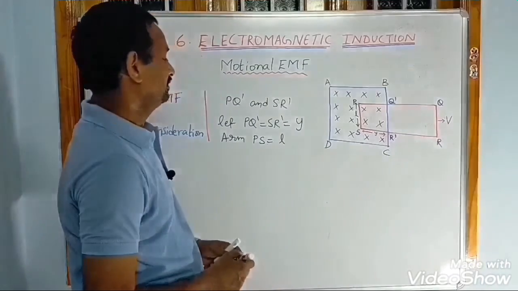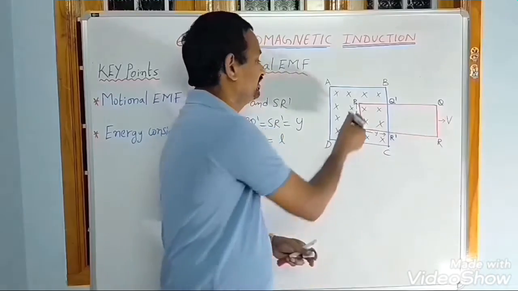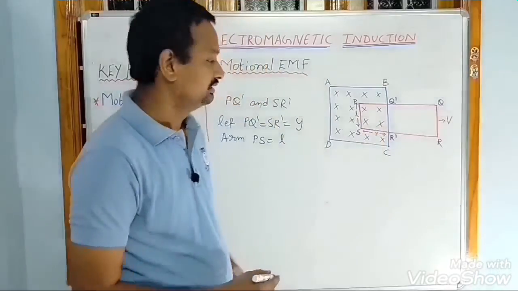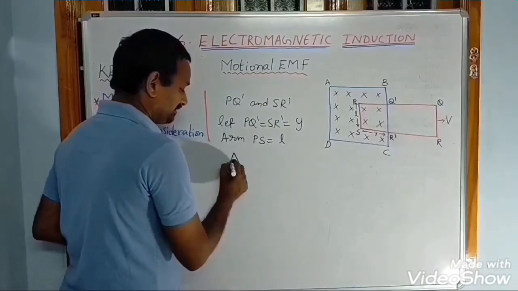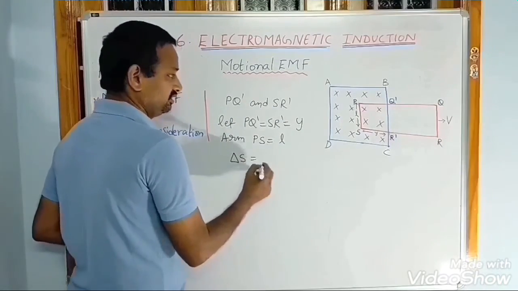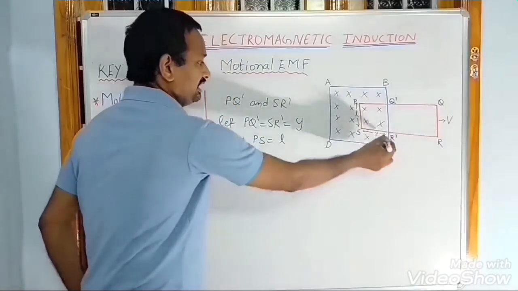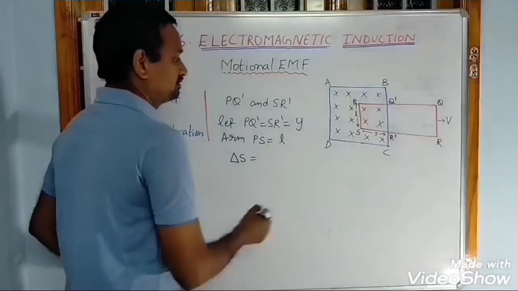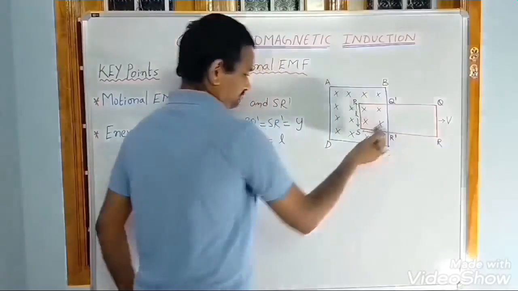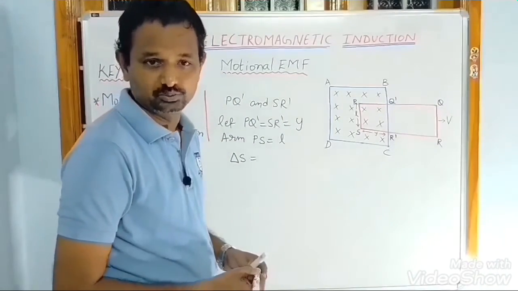Then I want to find the area of the coil which is linked with the uniform magnetic field. That is, I am considering del S. Del S equals the area of the coil linked with the uniform magnetic field, that is PQ dash R dash S. So it is like a rectangle, with area length into breadth.